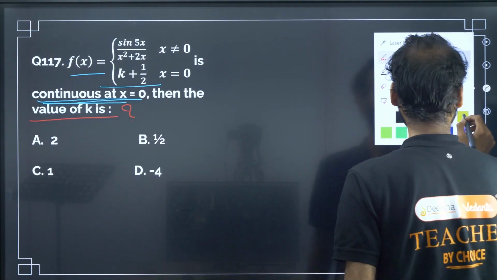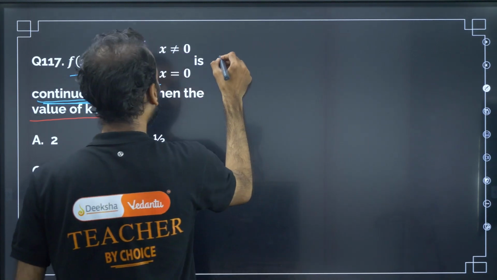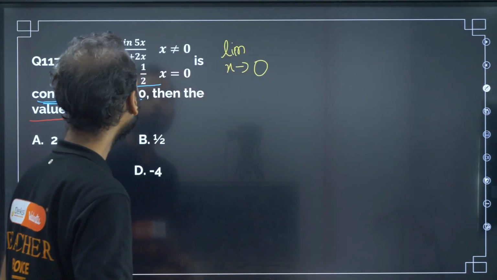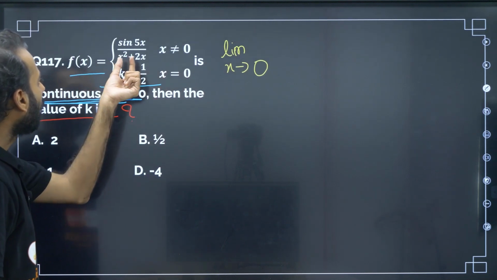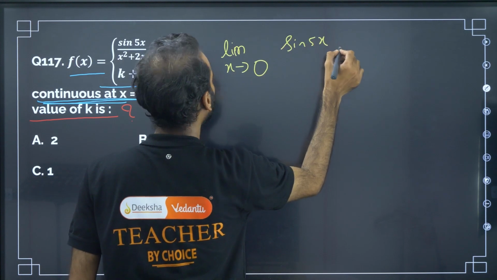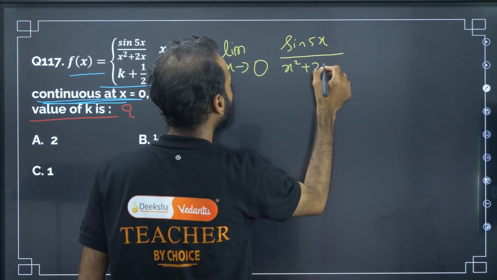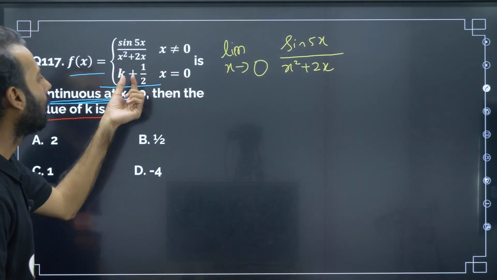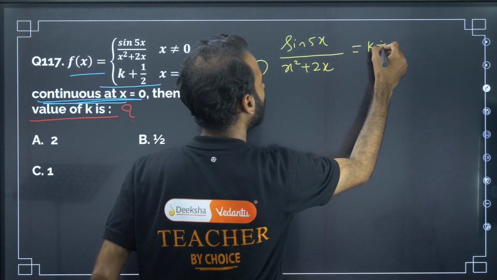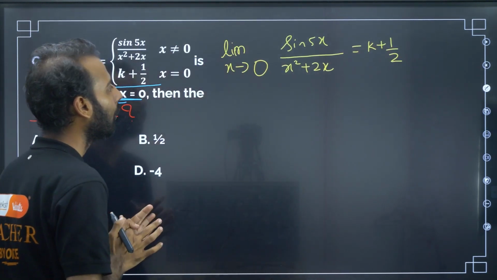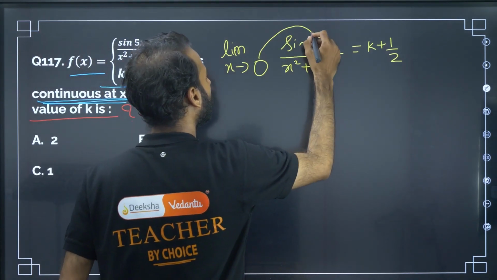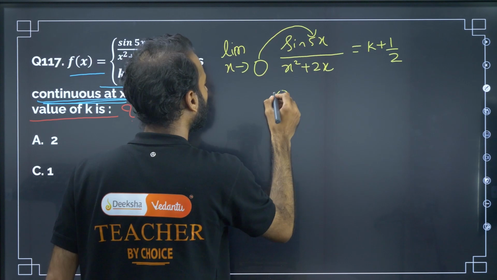So how to start? Now you apply limit x tends to 0 of sine of 5x by x square plus 2x. Also limit, LHL RHL I am calculating. Value of the function is k plus 1 by 2. Now if I go for substitution, this is 0, sine 0 is 0, 0 by 0.